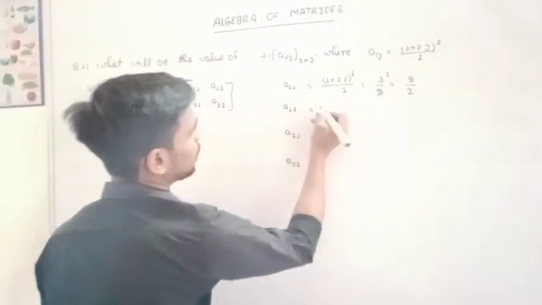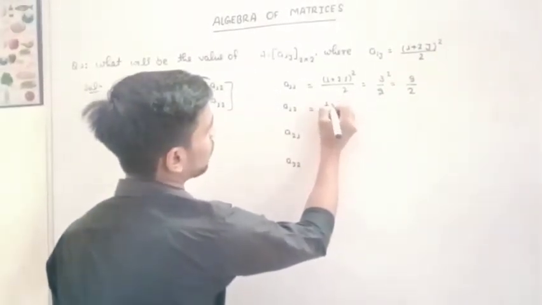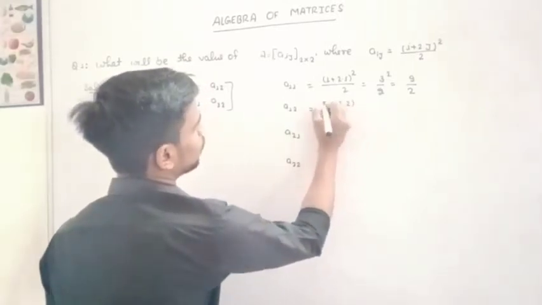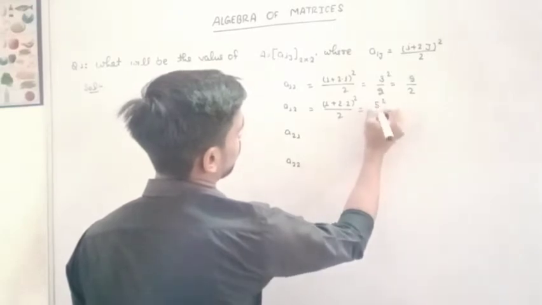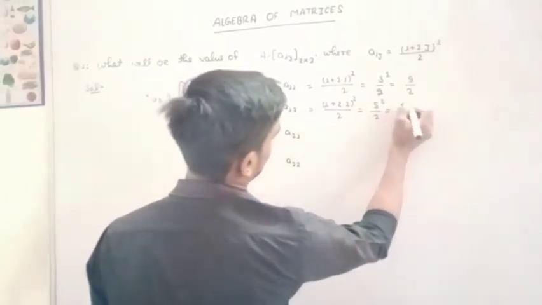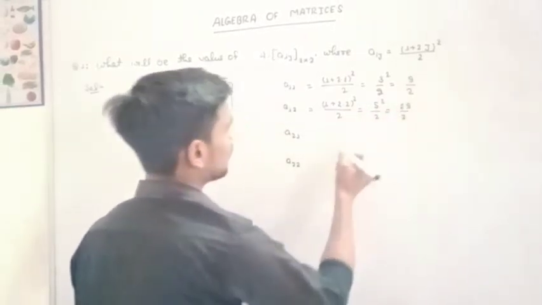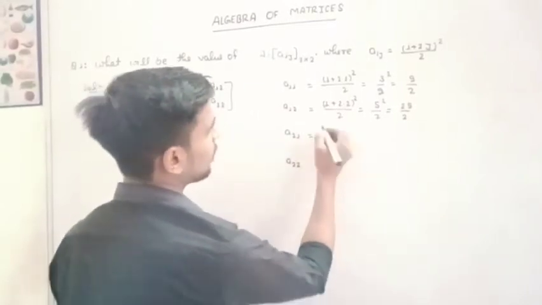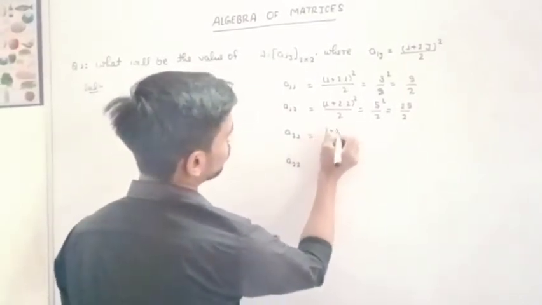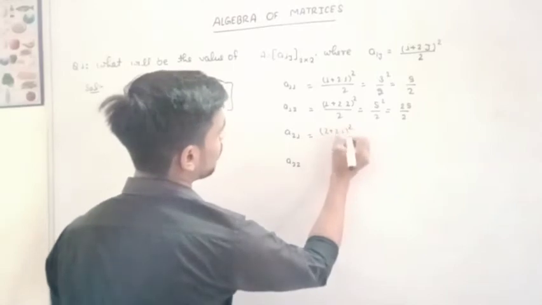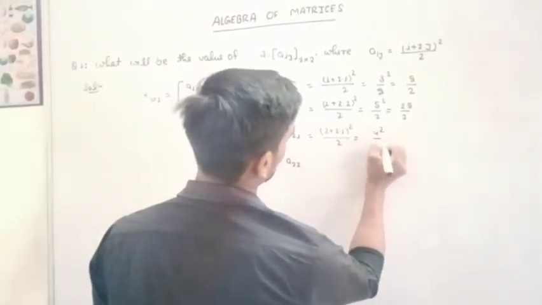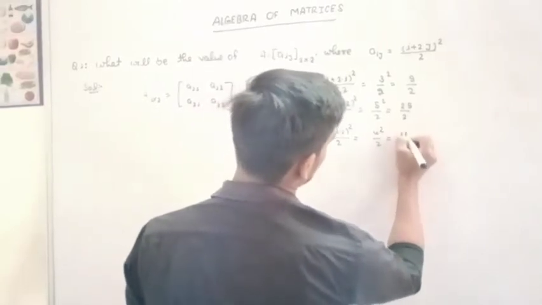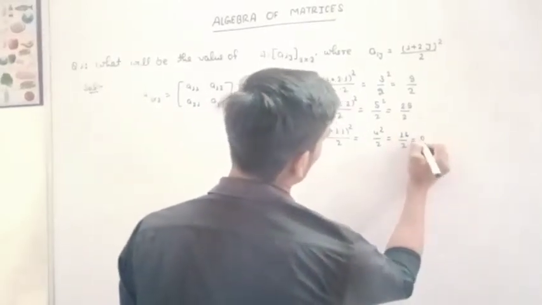The next one, A12 will be equal to (1 + 2 into 2) whole square upon 2, which will be equal to 5 whole square upon 2, or it may be written as 25 upon 2. Next one, A21 will be equal to (2 + 2 into 1) whole square upon 2, which will be equal to 4 whole square upon 2, or 16 upon 2, which will be equal to 8.